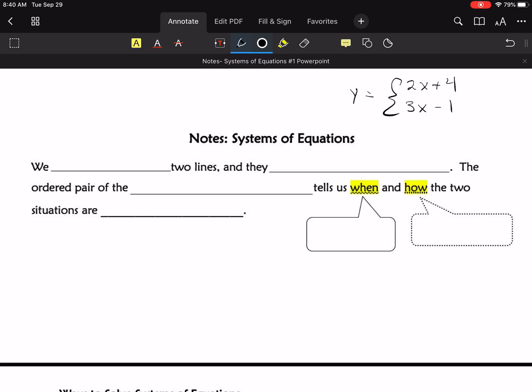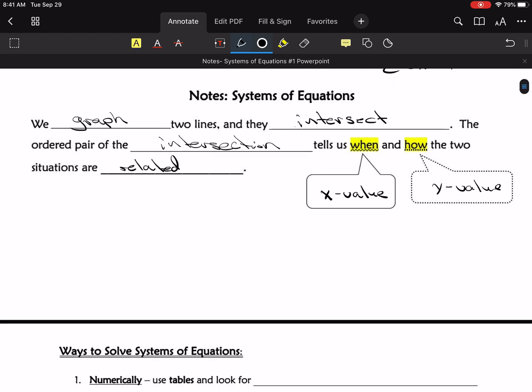Now, we graph two lines and then they intersect each other. The ordered pair of the intersection tells us when, which is the x value, and how, which is the y value, the two situations are related.